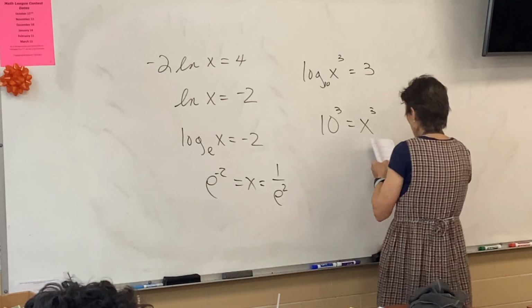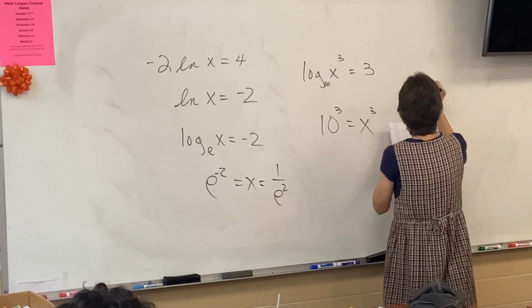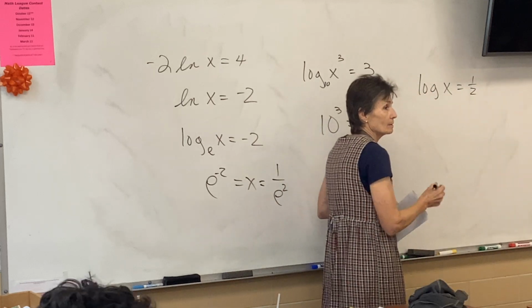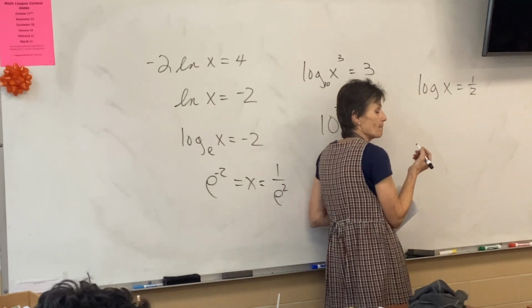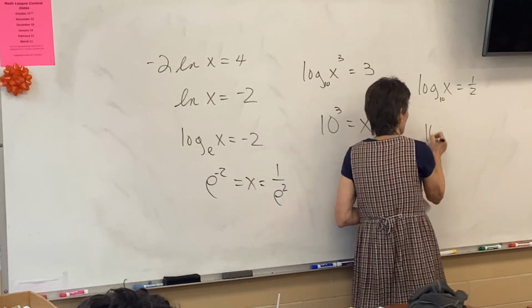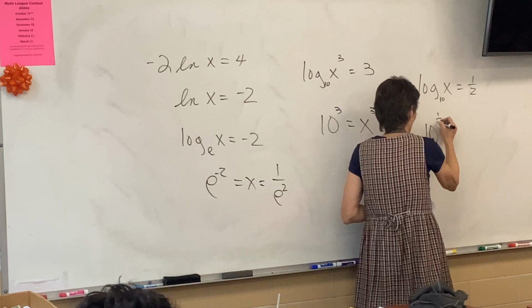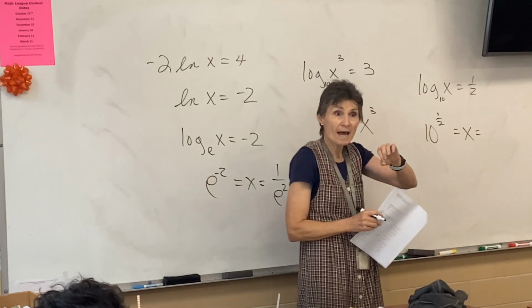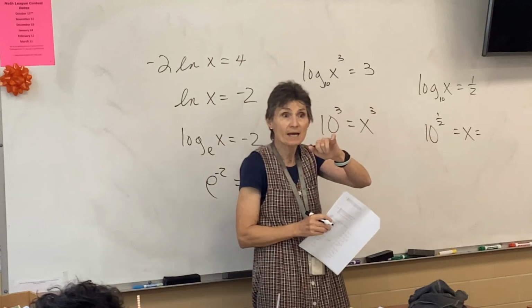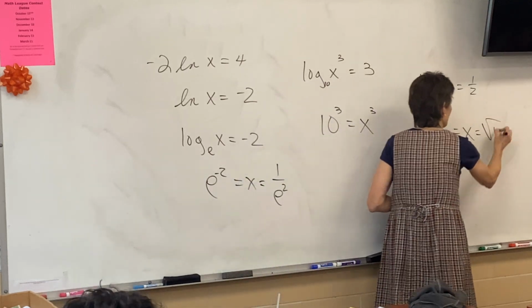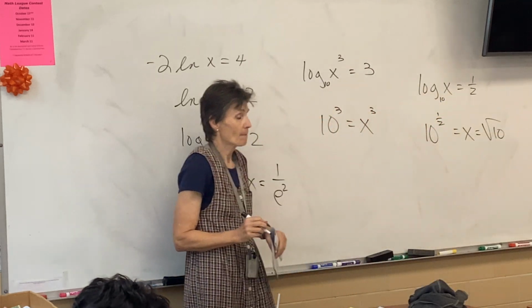All right, how about log x equals 1/2? What's my base? 10 to the 1/2 equals x, and a 1/2 exponent is a square root. So this is the square root of 10.